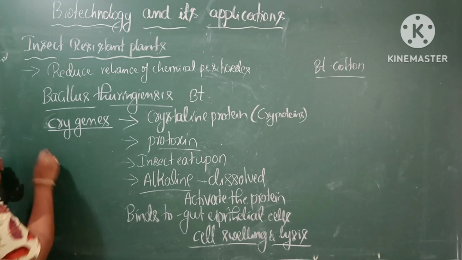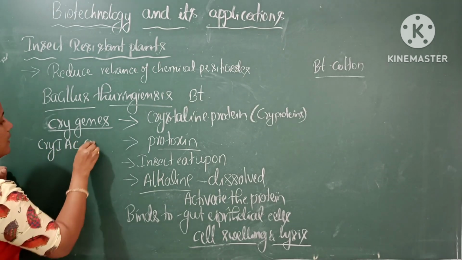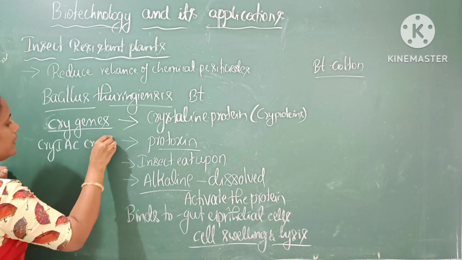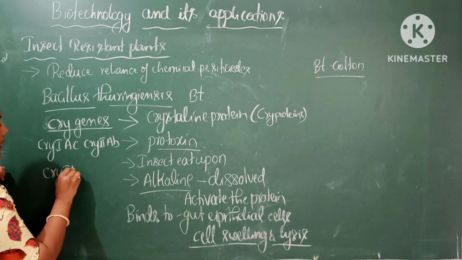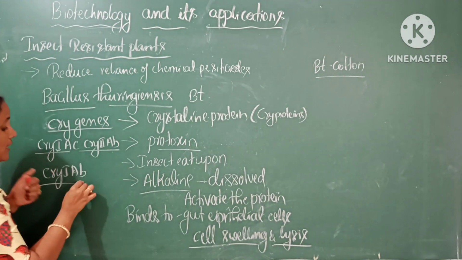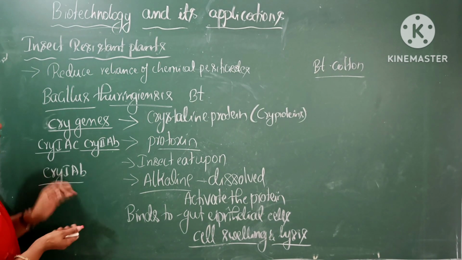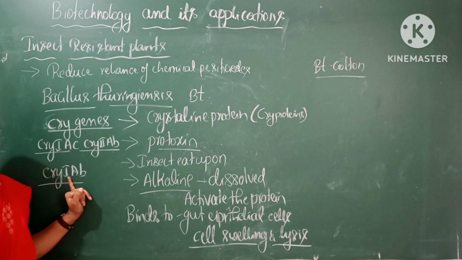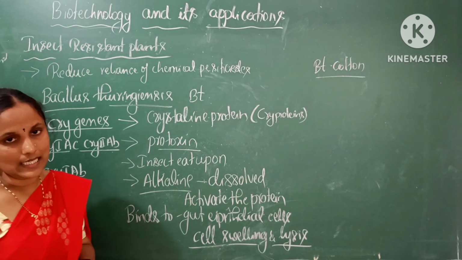For example, cry1AC, cry2AB, cry1AB. These are the important types I am referring to, many are there. Now, these types of crystalline proteins will target different types of insects.